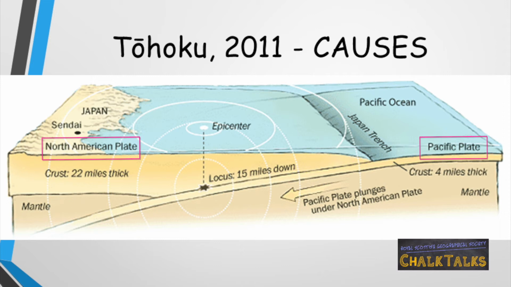The Pacific plate slid up to 40 metres beneath the North American plate, dragging the North American plate with it. When the North American plate snapped back into place, it triggered a tsunami in the ocean above it, which swept out across the Pacific and, of course, most devastatingly, towards the coast of Japan.